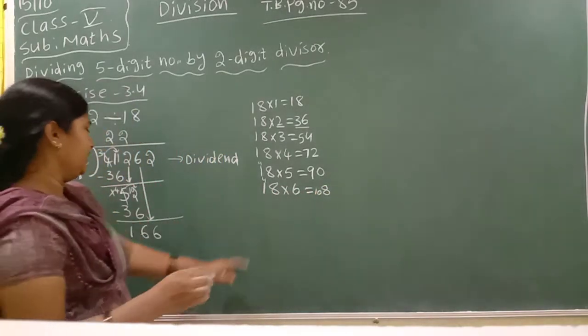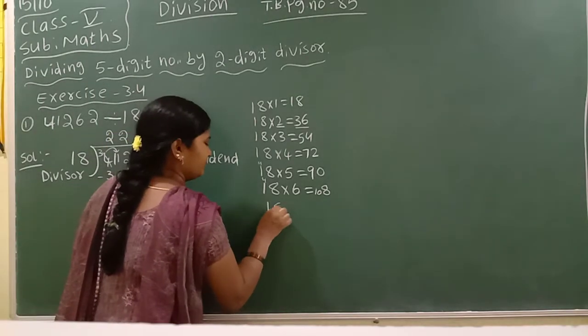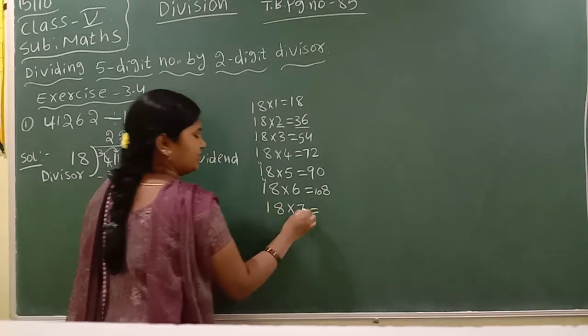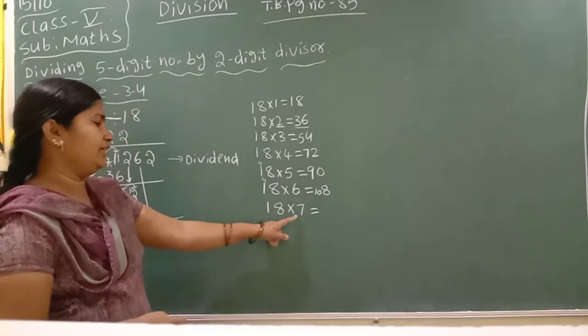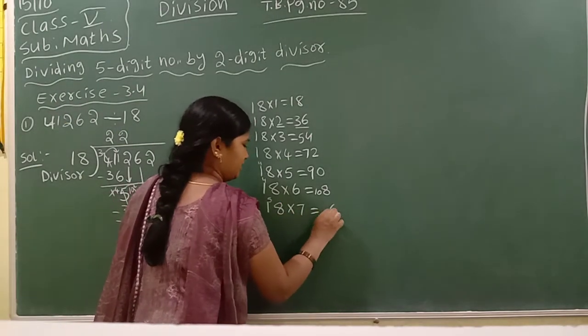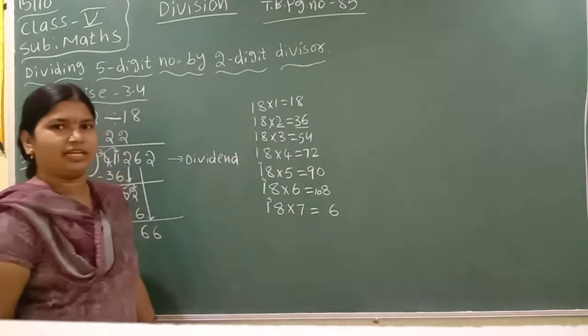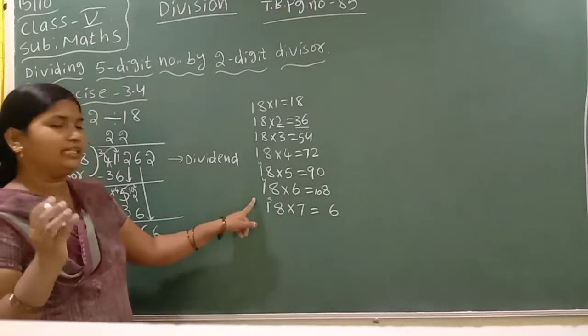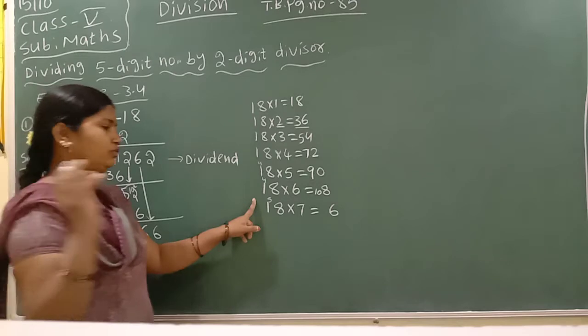Okay, and here 18 sevens: 7 8s are 56, 5 here, 6 here, 7 ones are 7, 7 plus 5 is 12, so 126.